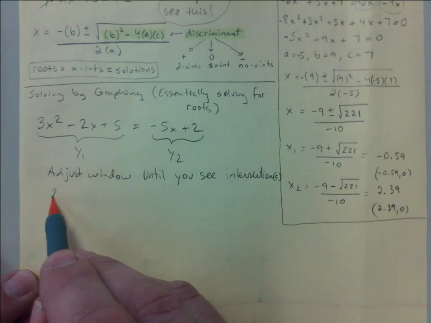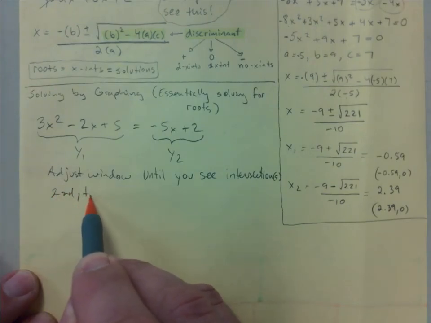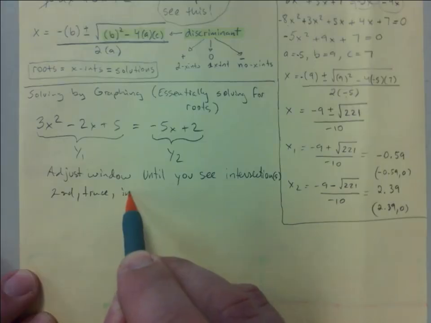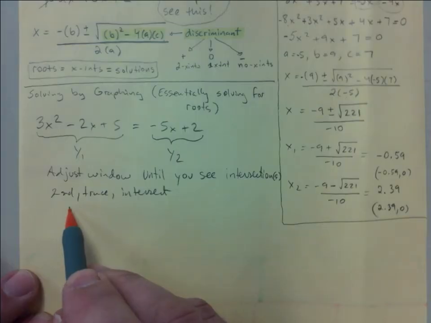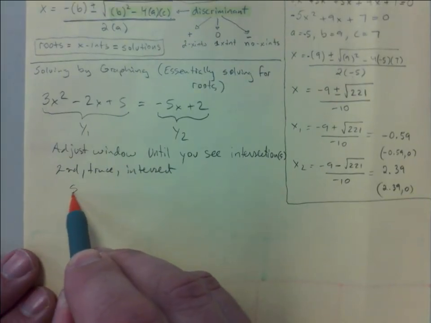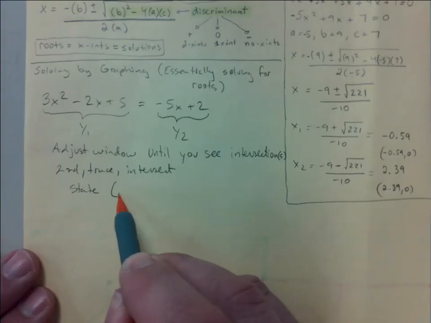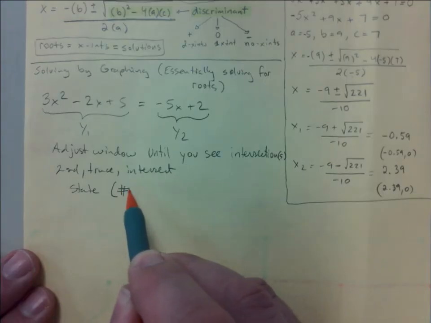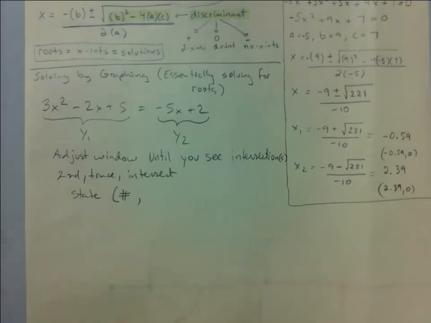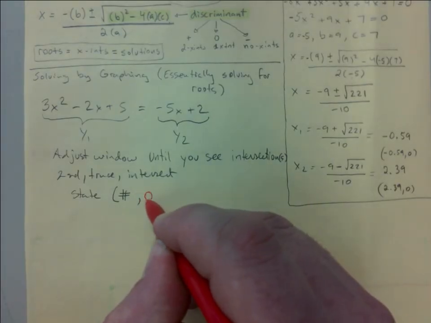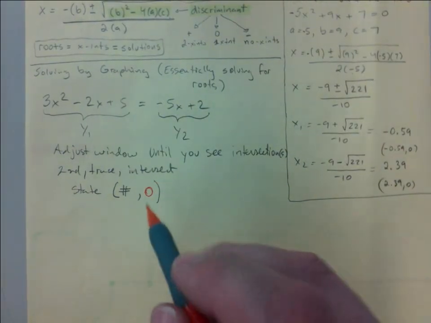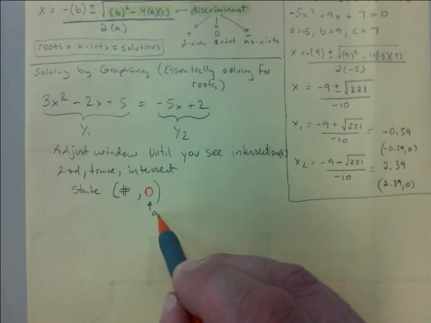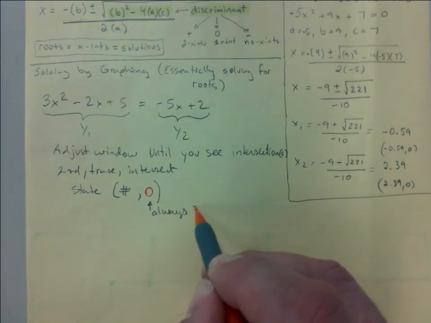Okay? Then you go second, trace, intersect, and make sure you state the number, the x value, but make sure that you state 0 at the end. Okay? Always 0.